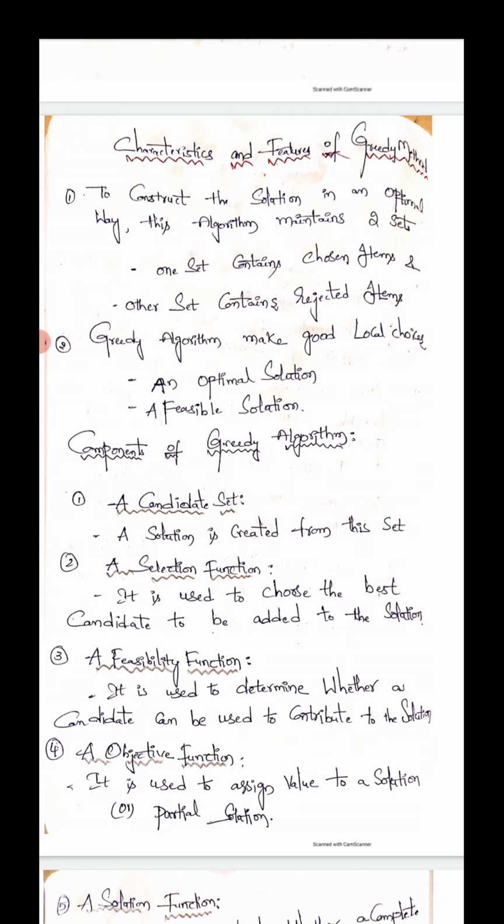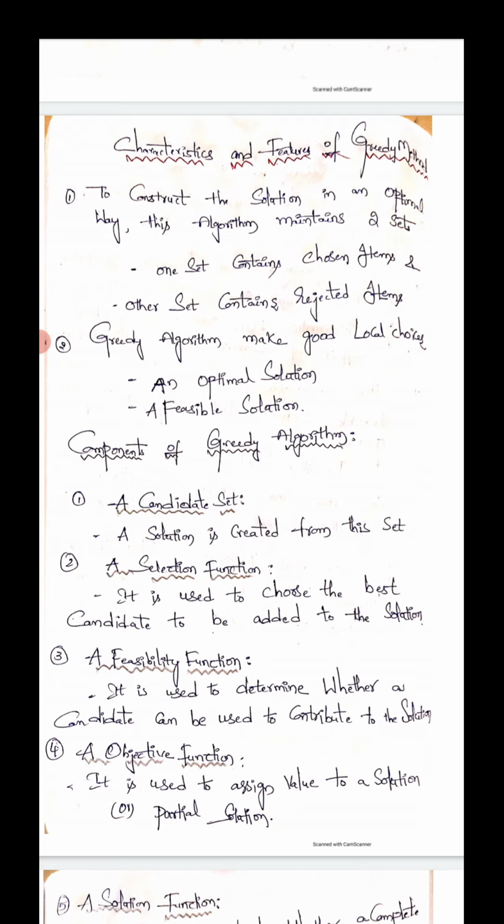How many sets? Two sets. One set contains chosen items and the other set contains rejected items.